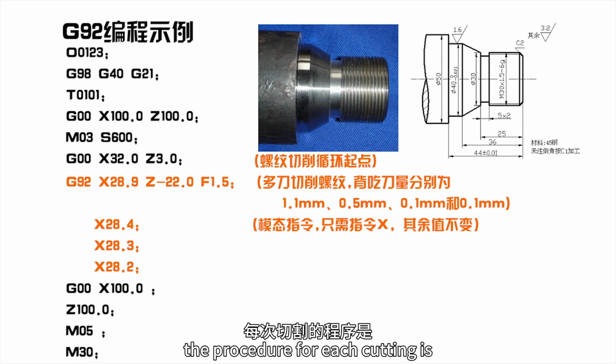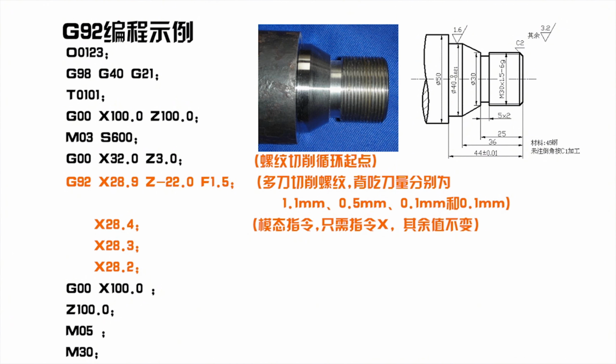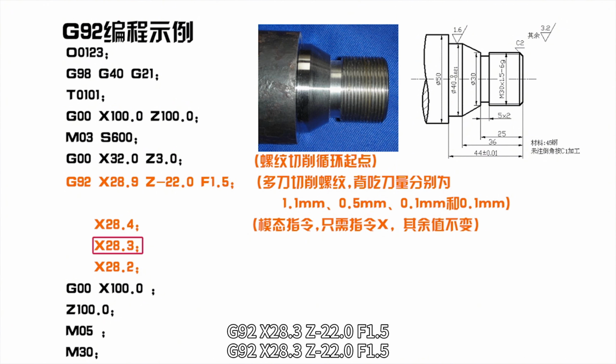The program for each cutting is G92 X28.9 Z-22.0 F1.5, G92 X28.4 Z-22.0 F1.5, G92 X28.3 Z-22.0 F1.5, and G92 X28.2 Z-22.0 F1.5.